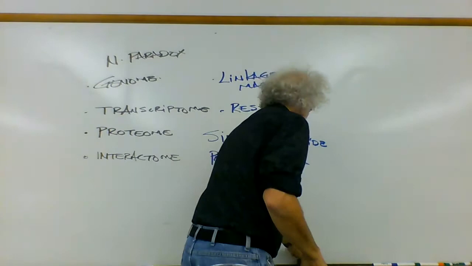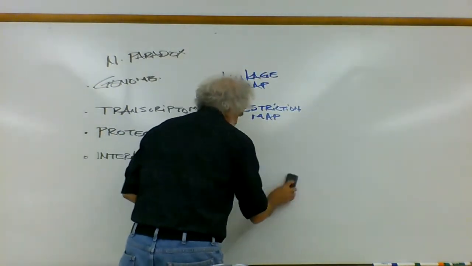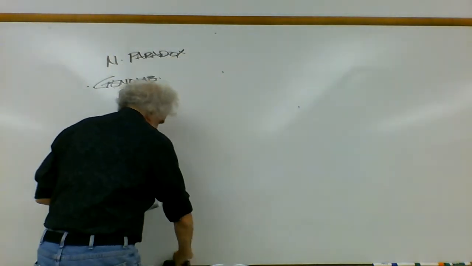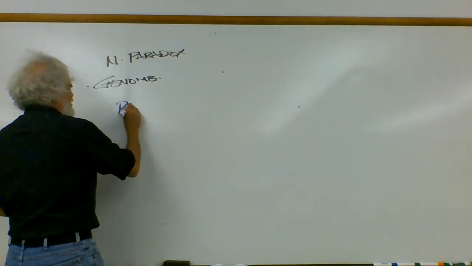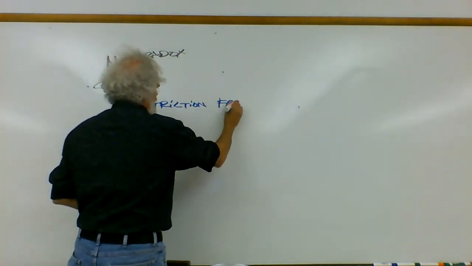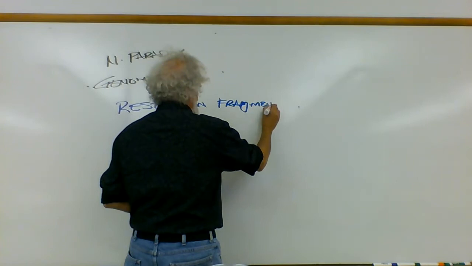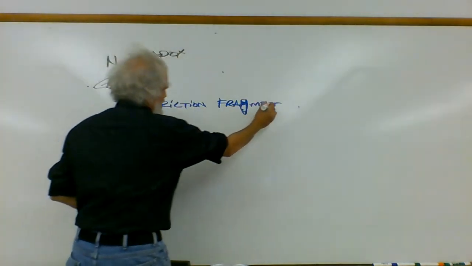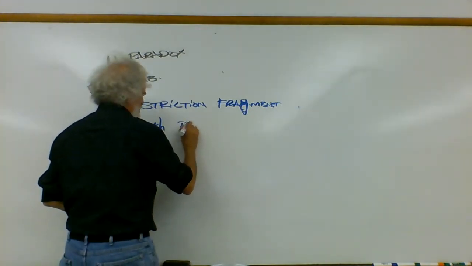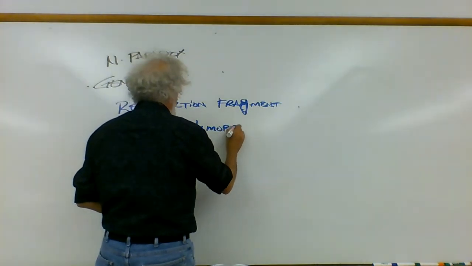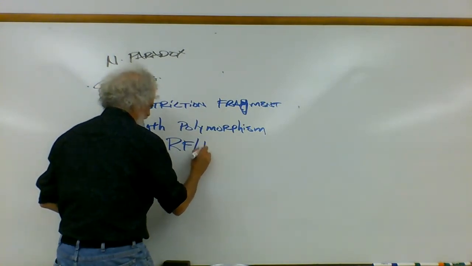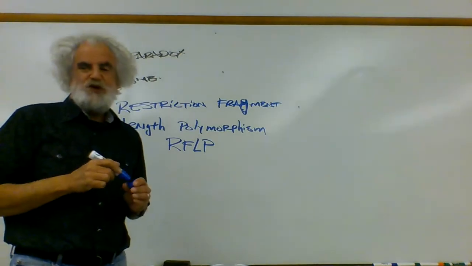And this led to a whole sort of analysis and genome analysis that is known as, wait for it, restriction fragment length polymorphism, known in the business as an RFLP, or if you're particularly hip, it's referred to as a RIFLIP.